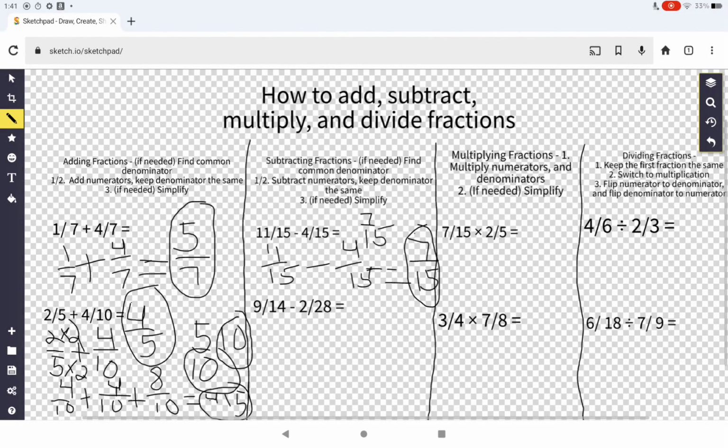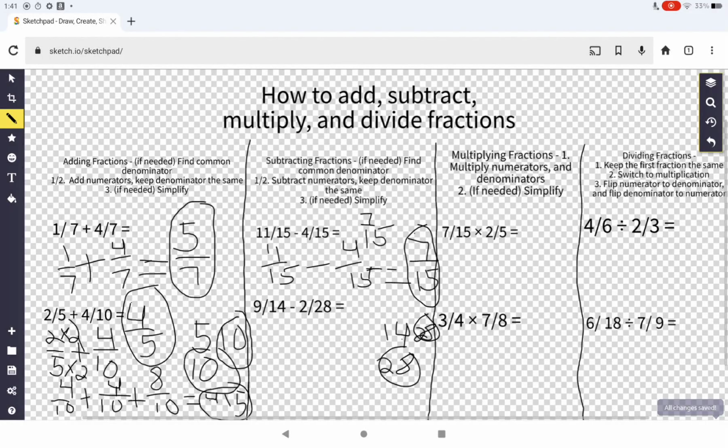Okay, so next we have, so now we have to find the common denominator, and we already found 28. So 28 and then 28.